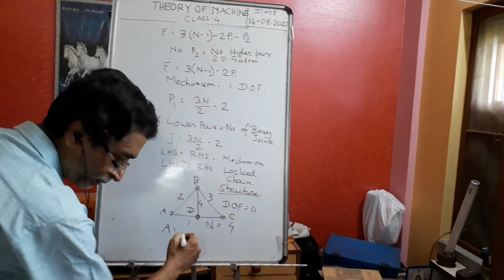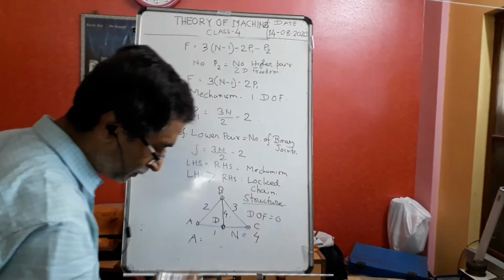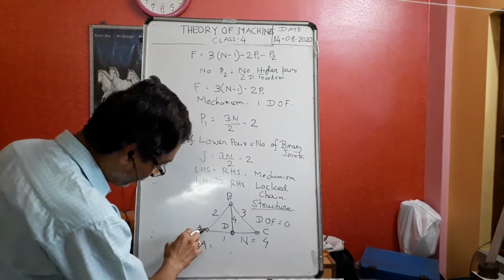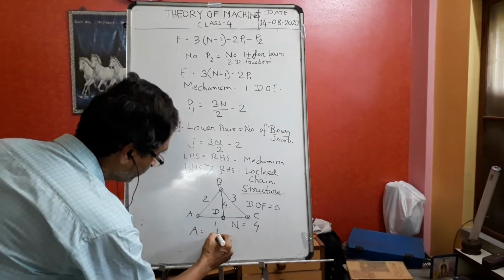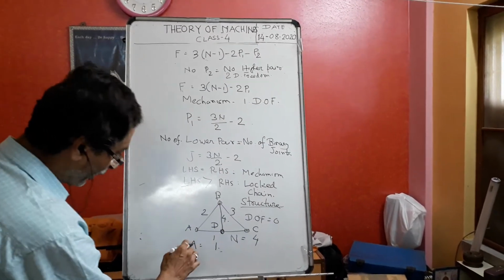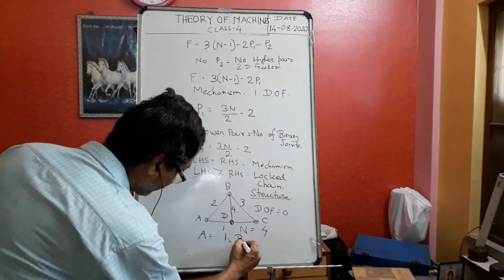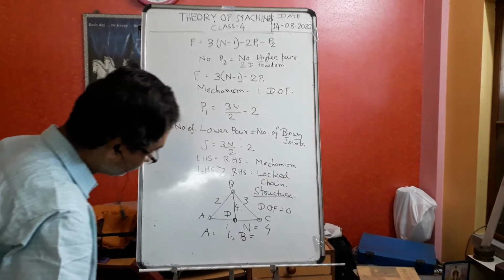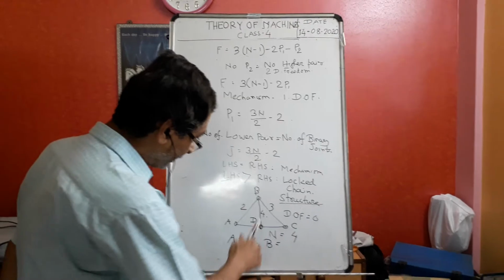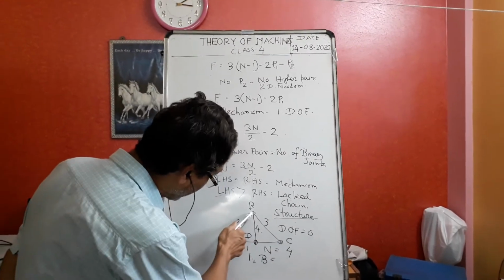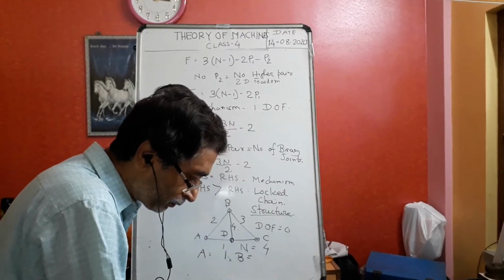A is what joint? Binary joint or ternary joint? Binary joint. So A is 1 binary joint. Now I am coming to B. B is a ternary joint. One ternary joint is equal to how many binary joints? 2.